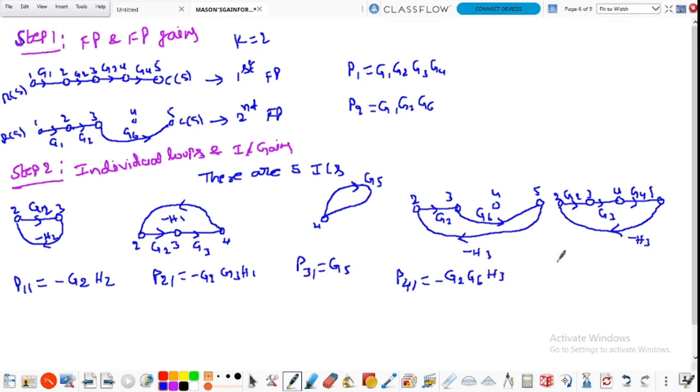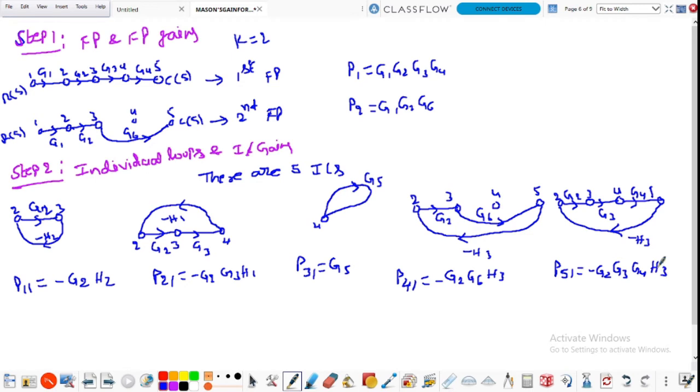This loop gain is denoted as P51, equal to G2 into G3 into G4 into minus H3, minus G2 G3 G4 H3.